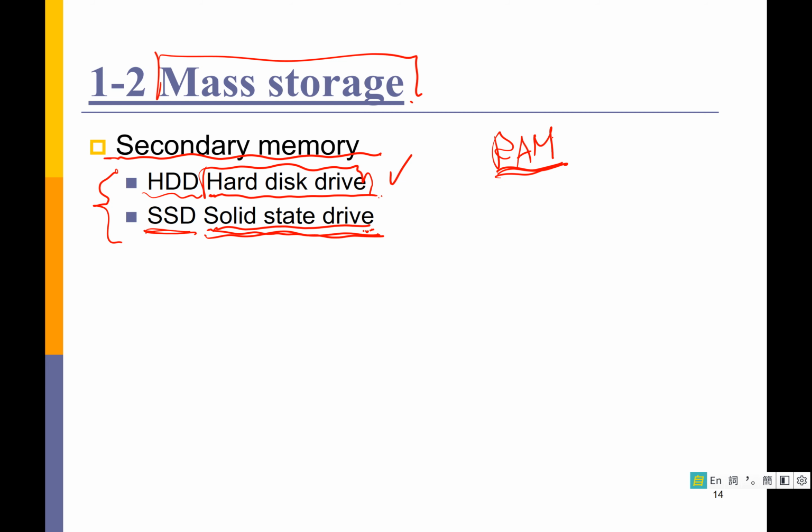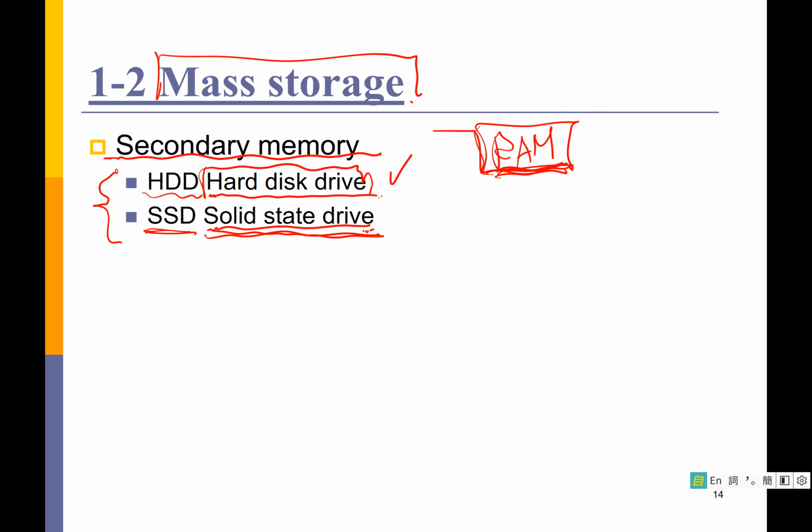So we can say that RAM is faster and more efficient for a computer program to access. But the disadvantage is that after you finish your program and turn off the power, the information in RAM is gone.